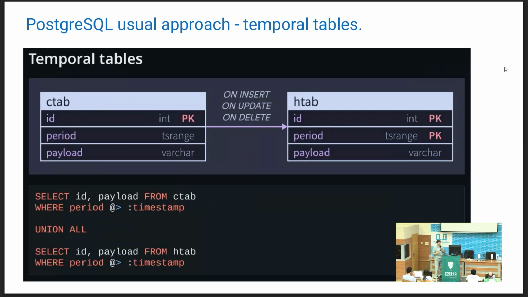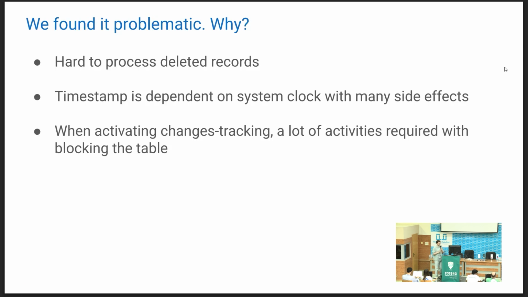There are several standard approaches for PostgreSQL to handle versioning. The usual approach is to use temporal tables. You may be familiar with this approach, but we found it problematic because it's hard to process deleted records, there are many side effects with timestamps, and a lot of table blocking is required. So we tried this approach, but quickly realized that it's not the way to go.